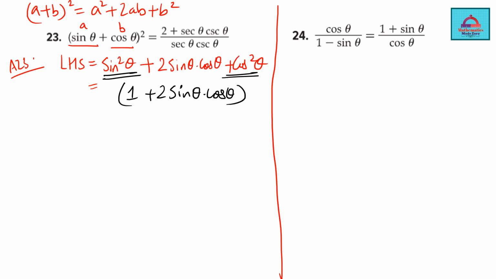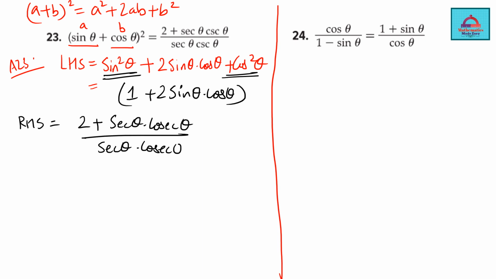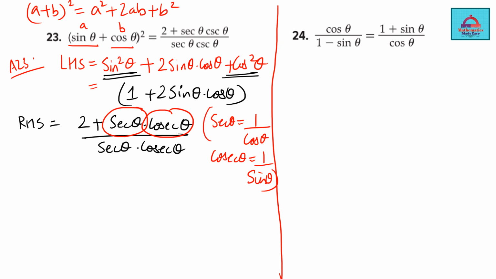If I take the right side, it is 2 plus sec theta cosecant theta over sec theta cosecant theta. It's best to convert everything into sine and cos. So I'm going to use the reciprocal identity for secant and cosecant. Secant is the reciprocal of cos and cosecant is the reciprocal of sine. Let's plug it in here and see what we get.